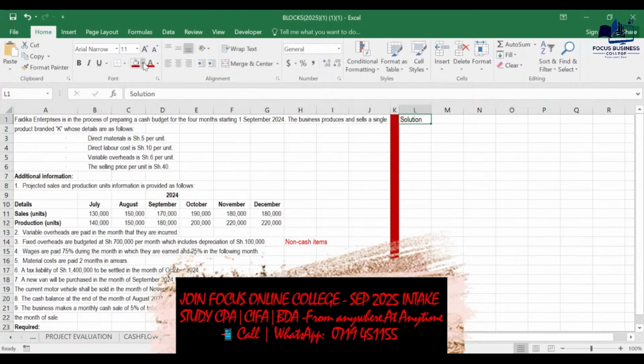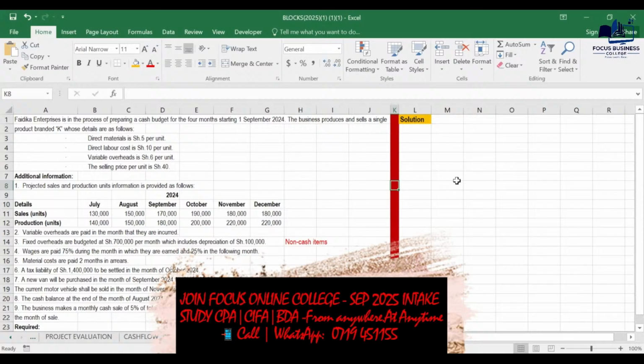But remember, the first thing you should be able to remember is the format of the cash budget. Remember, when preparing the cash budget, we always have the details column, and columns equal to the number of months. If you can remember the question which we did in class, we prepared the cash budget for 12 months from January all the way to December.